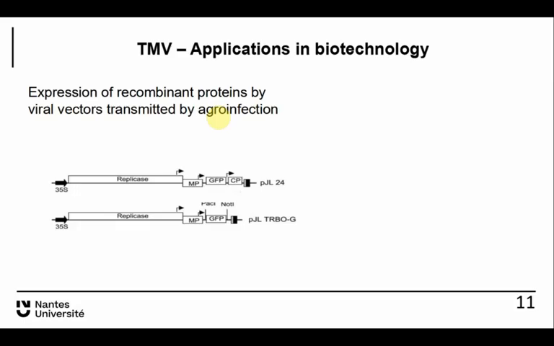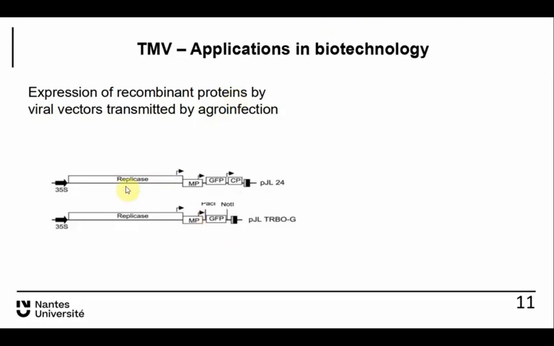So this is our bacterium, and this is our plant cell. And it would inject the plasmid DNA into the plant cell. So the plasmid DNA goes into the nucleus here, and then the genes that you've put on this plasmid will start to be expressed by the plant. So I think that's what they're doing here, okay?